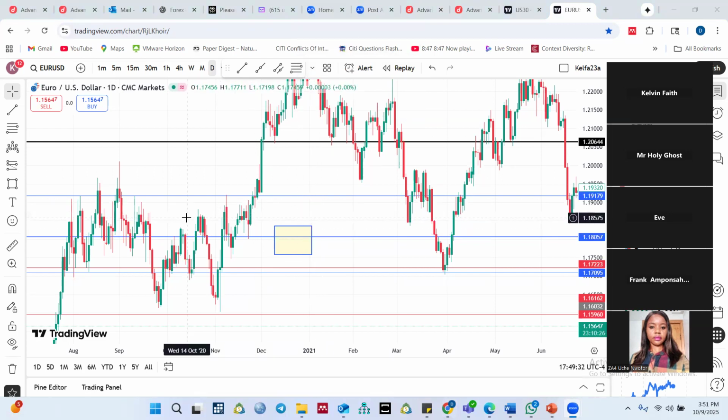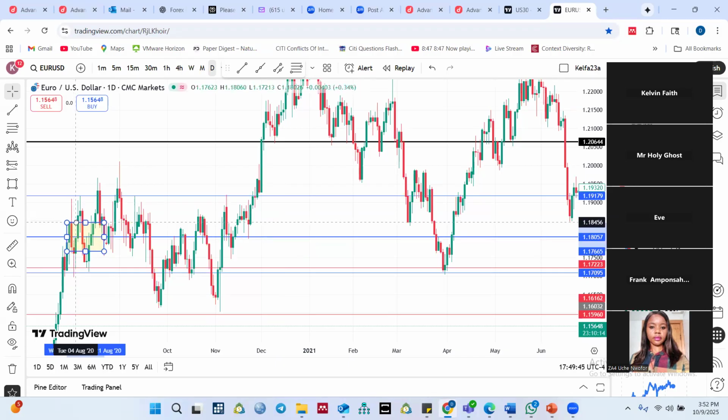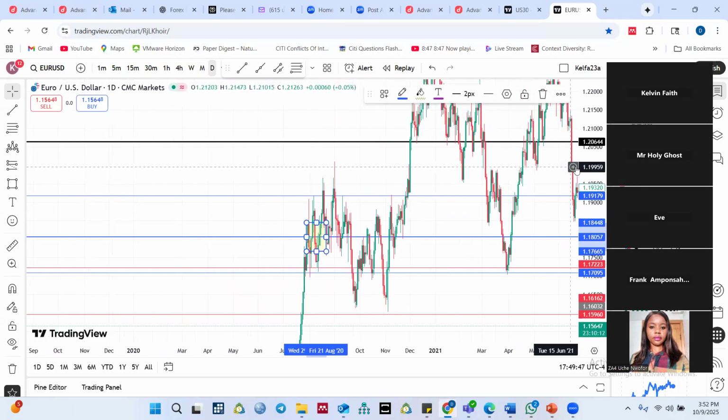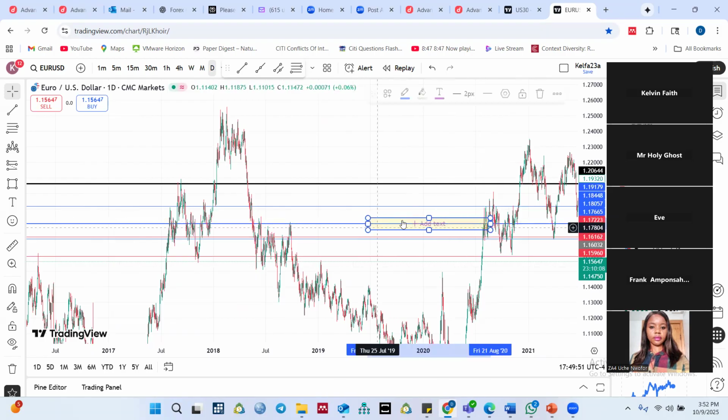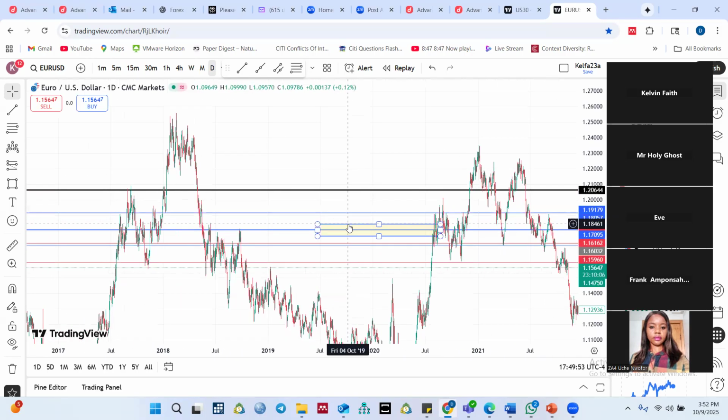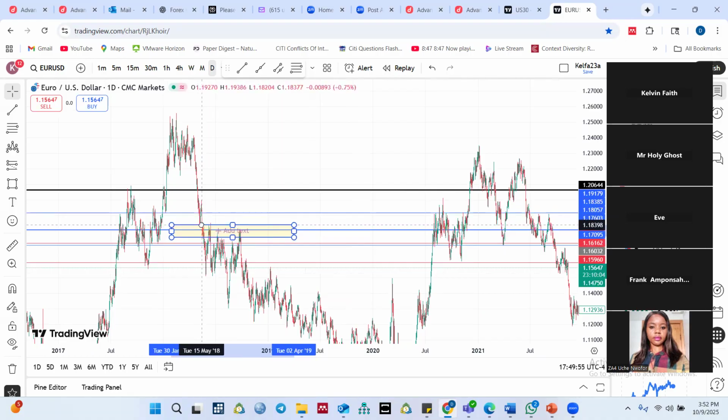So from the previous lessons' backtesting, we came to this area on Euro USD where we can see that for a long time price has been resisting around this area.